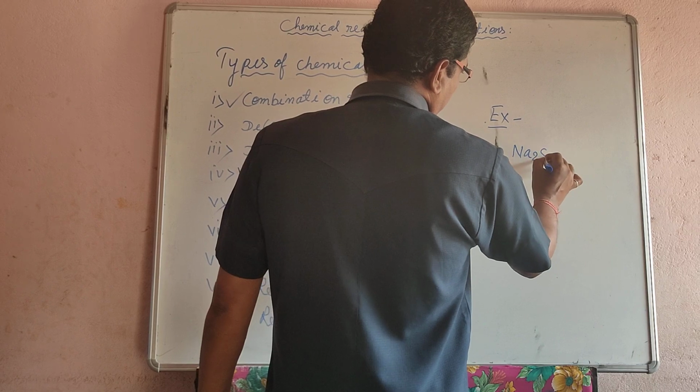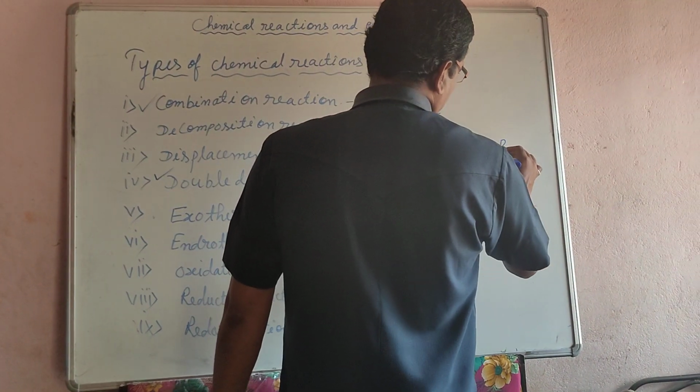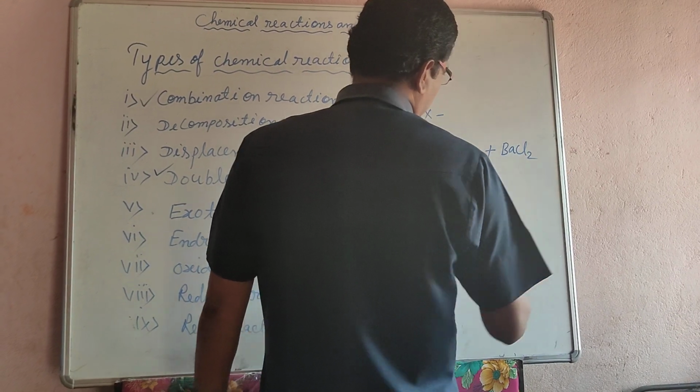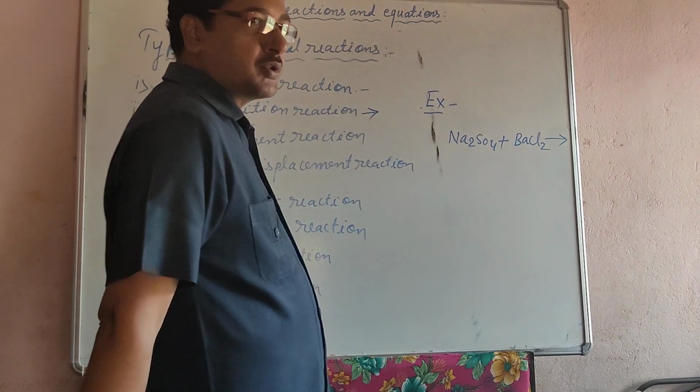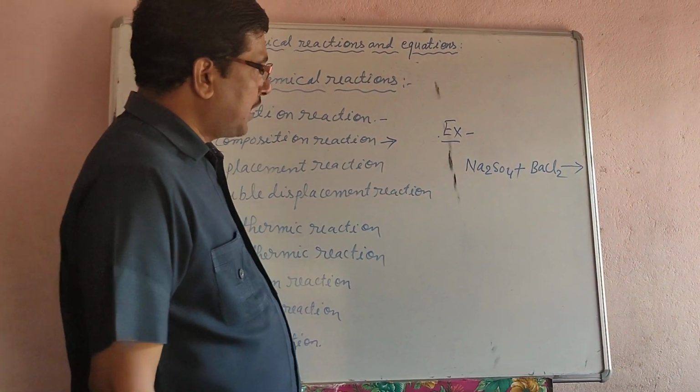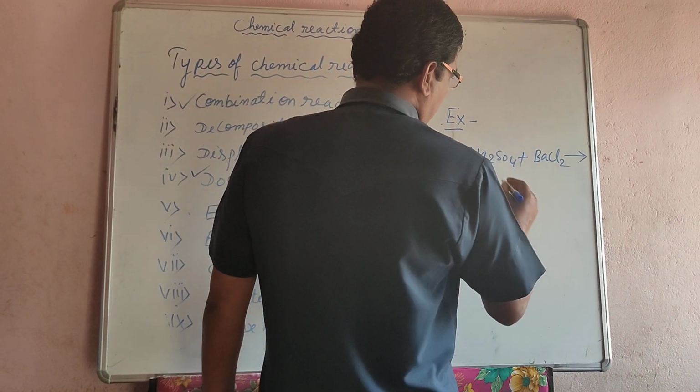Sodium sulfate, Na2SO4, and another is barium chloride. Two ionic compounds are reacting with each other and forming two different ionic compounds, that is, by exchanging the ions.